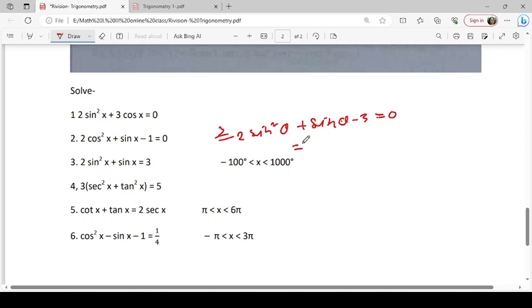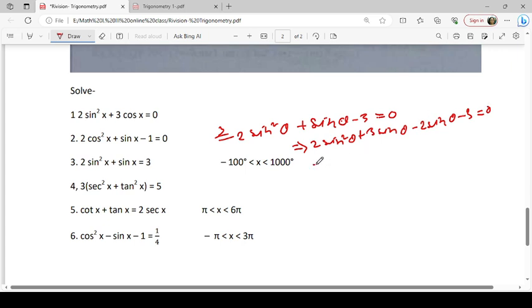We need to factorize. This implies 2 sin square theta plus 3 sin theta minus 2 sin theta minus 3 equal to 0.